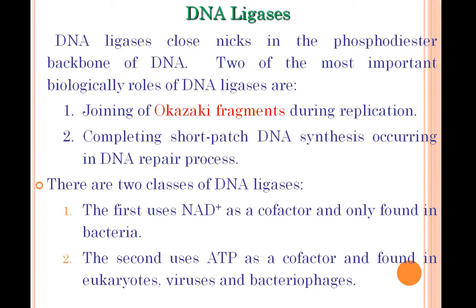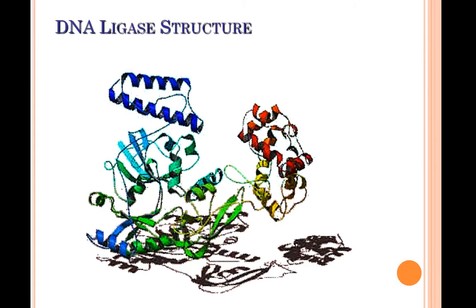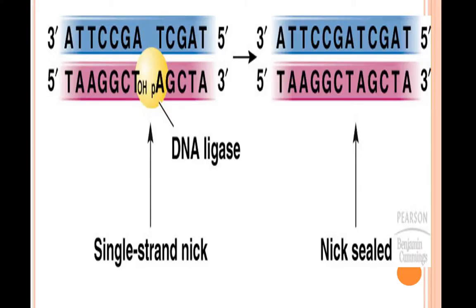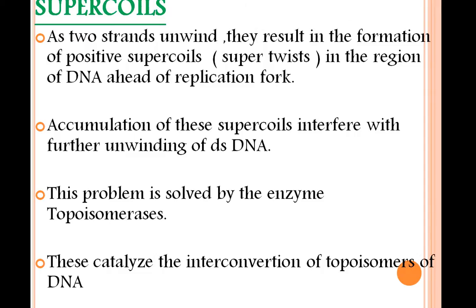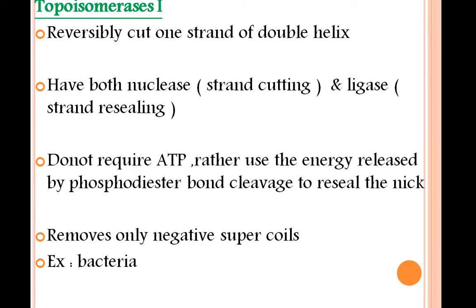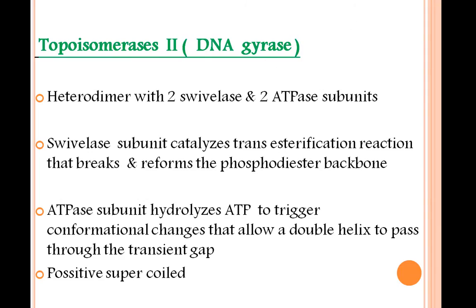DNA ligase joins the Okazaki fragments, sealing the breaks by forming bonds between the 3 prime hydroxyl and the phosphate. Then there are topoisomerase 1 and topoisomerase 2. Topoisomerase 2 is nothing but gyrase.